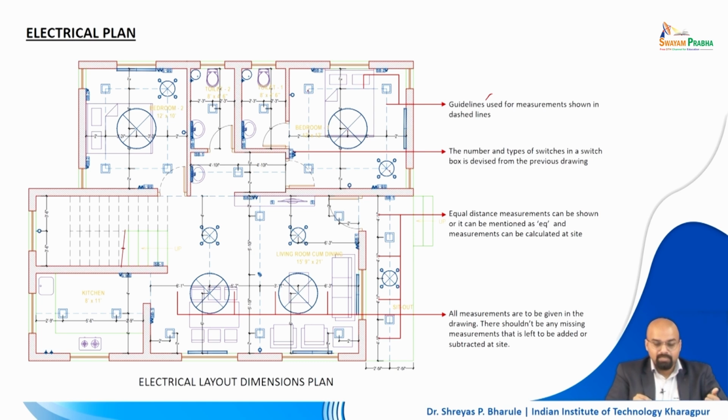If you want to determine whether the distance between all of these fittings is different, we just have to put the guideline and measure its size. If this guideline is equal to this one, then basically they are all equidistant. So if all of these are at the same distances, then all of this is equidistant.